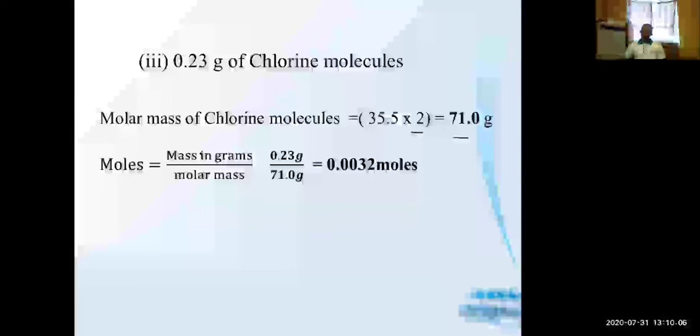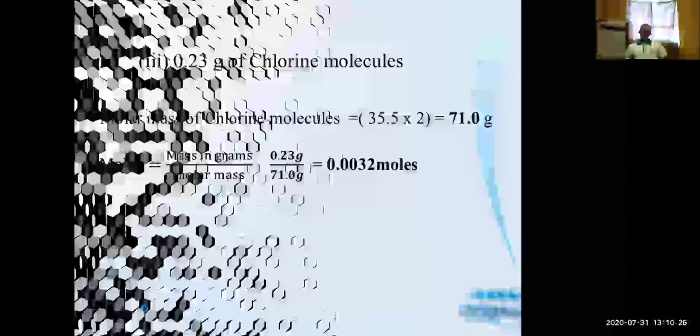Now moles is equal to mass in grams over molar mass, so 0.23 grams divided by 71, the molar mass, gives you 0.0032 moles.